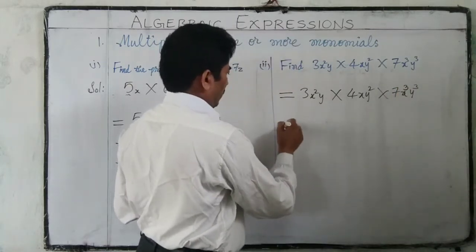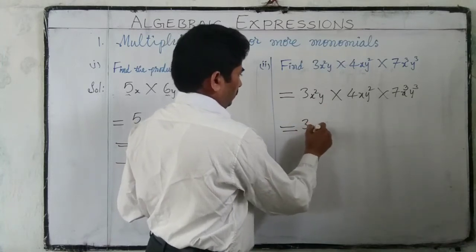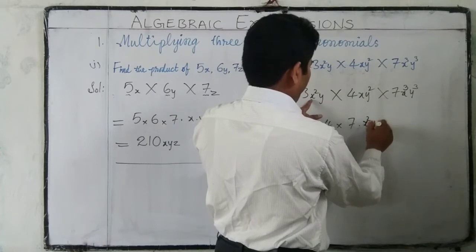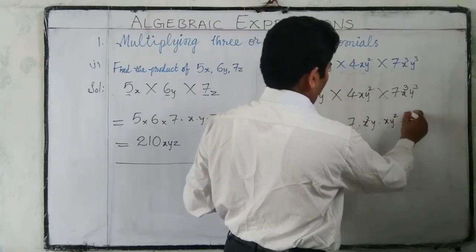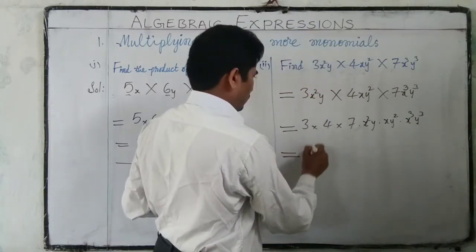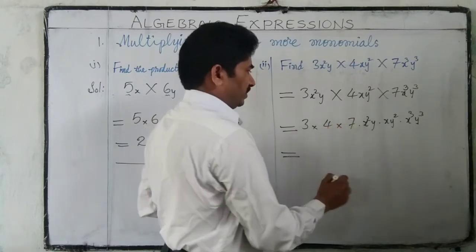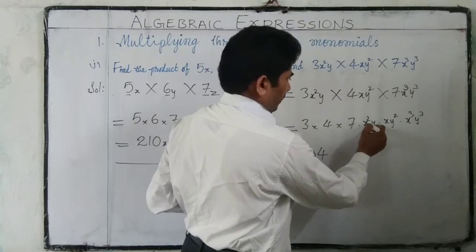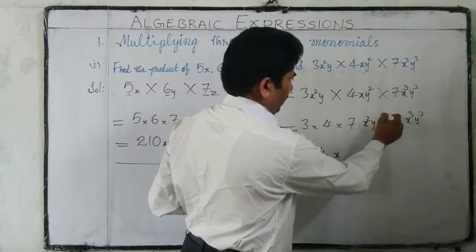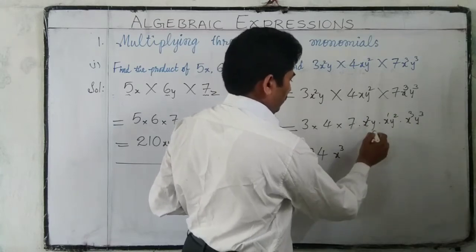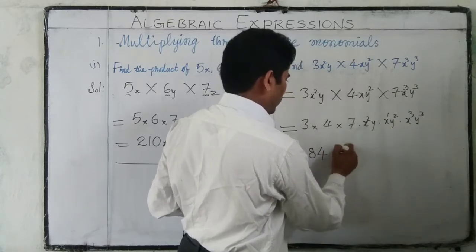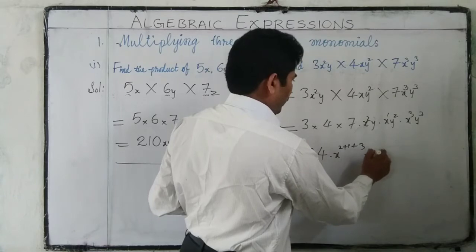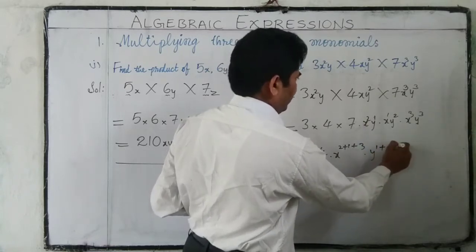This is given. 3 into 4 into 7 into x square y, xy square, x cube y cube. 3 fours are 12, 12 sevens are 84. x square into x to the power 1 into x cube: x to the power of 2 plus 1 plus 3, that is 6. y to the power of 1 plus 2 plus 3, that is 6.